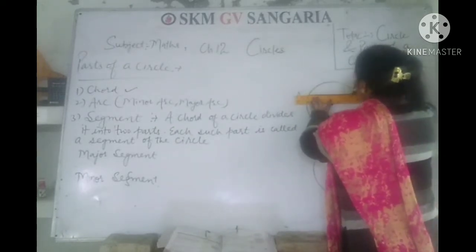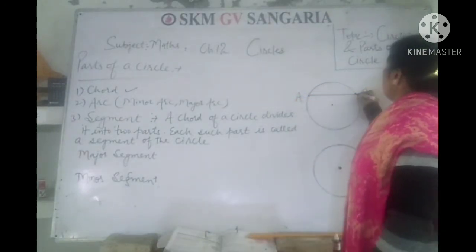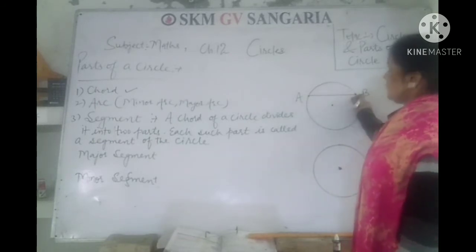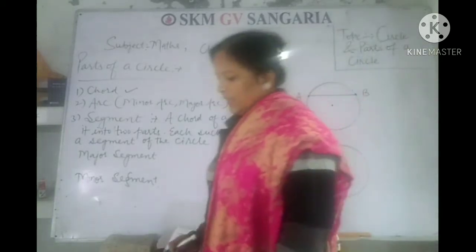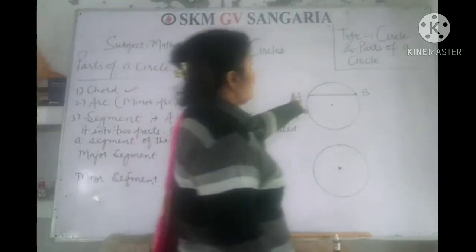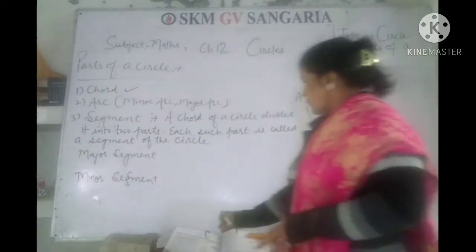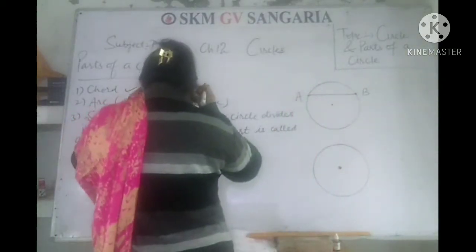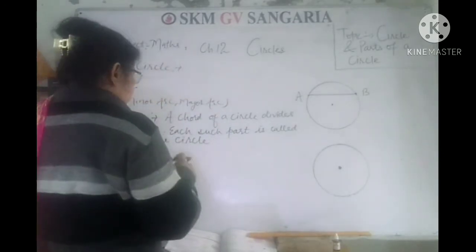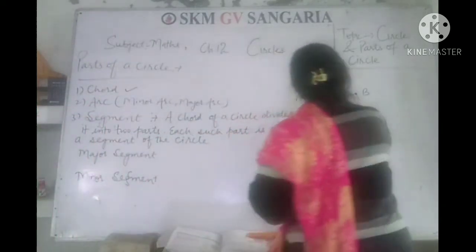The line joining the 2 points on the circumference of the circle is called the chord. In short, a line segment connecting 2 points on the circumference of the circle is called a chord. Here the chord is AB.